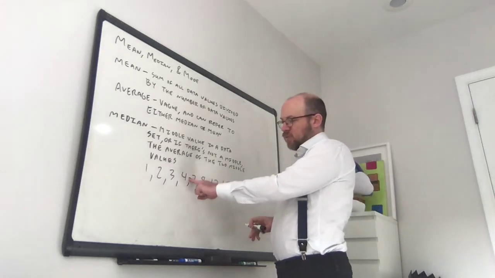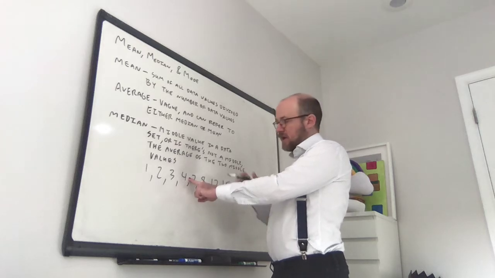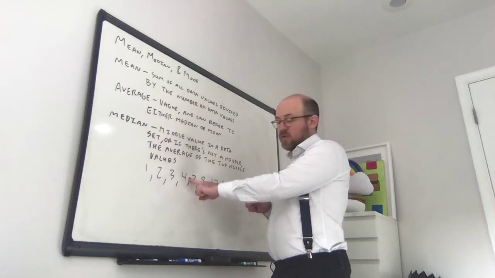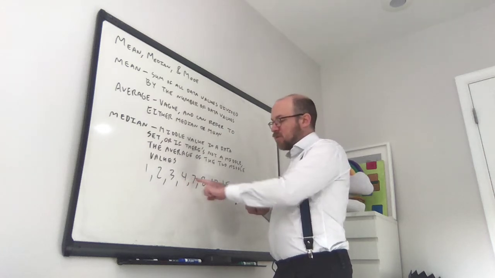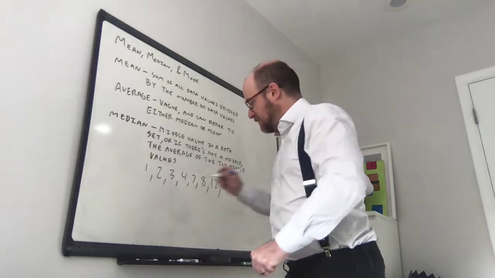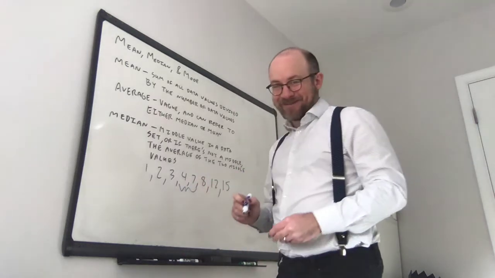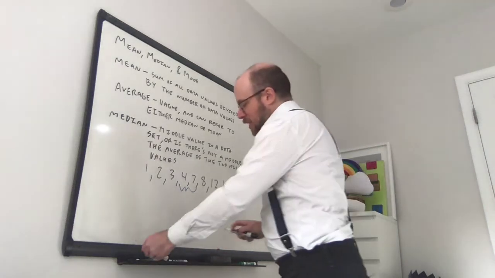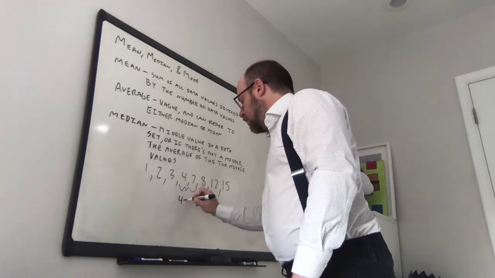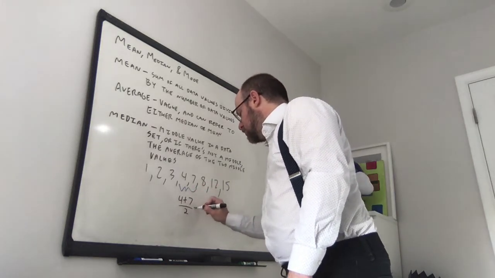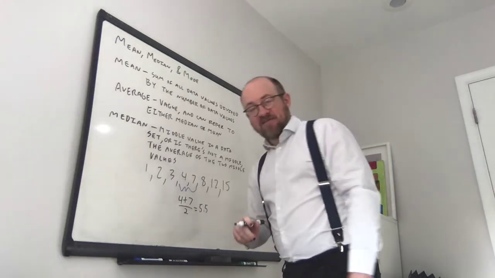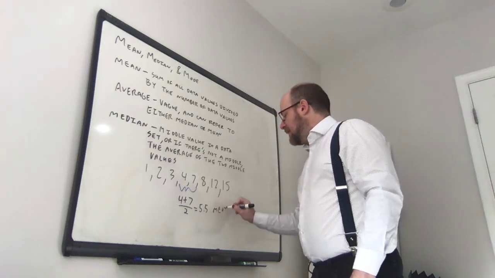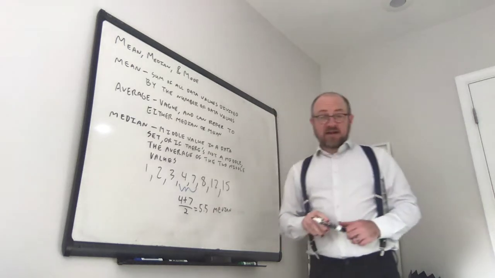Well, it would be right in between the fourth and the fifth, because you want there to be 4 before, 4 after. There's no value there in between the fourth and the fifth, and so what we do is we average these two. We take the mean of these two. I shouldn't say average because I just said that that was a bad word to use in mathematics. So you would take 4 plus 7, divide by 2, you get 5.5. Okay, so 5.5 would be the median of this data set.